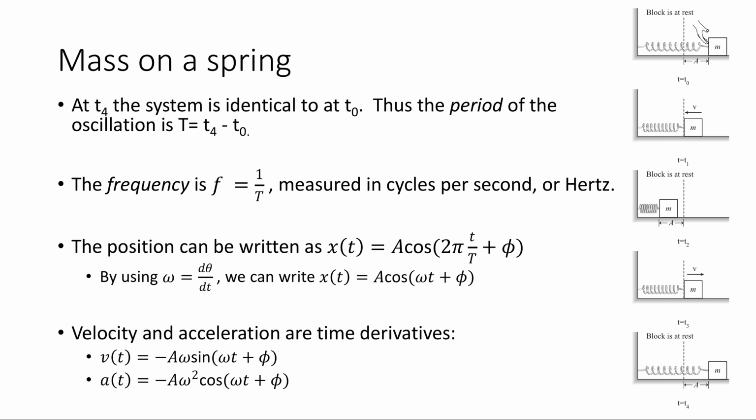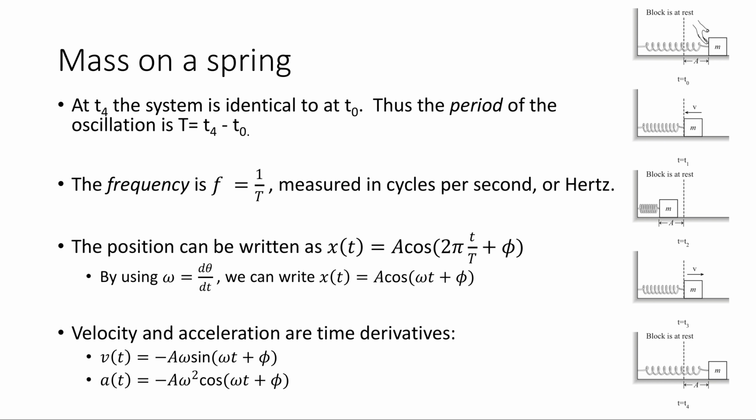If we look at the second instant now, t1, well, now the position is at the equilibrium, so the position is 0 with respect to the equilibrium, which makes sense because cosine of a quarter period later, if we plug in a quarter period, then we have 2 pi times 1 quarter, which turns into pi over 2. Cosine of pi over 2 is 0.